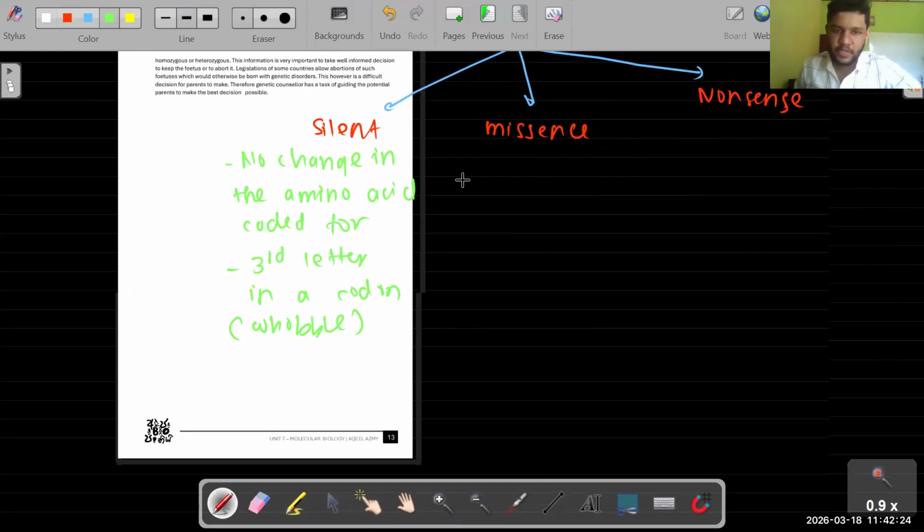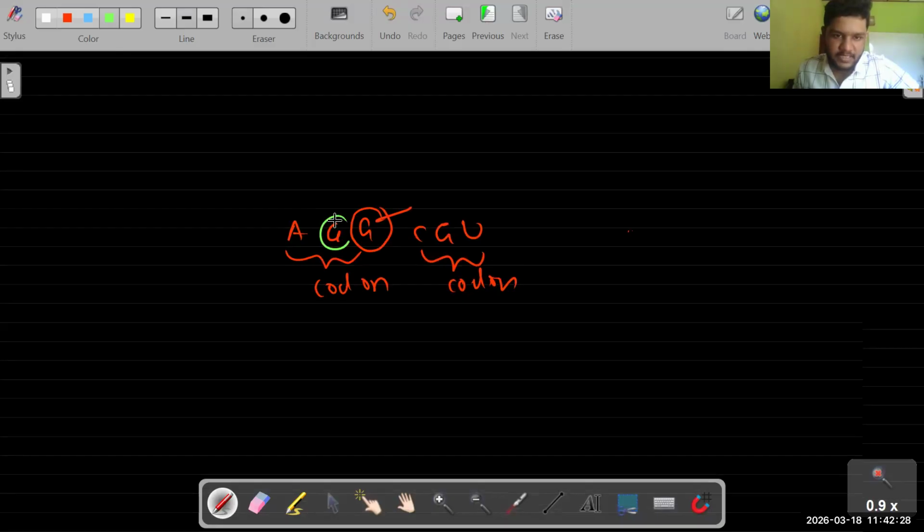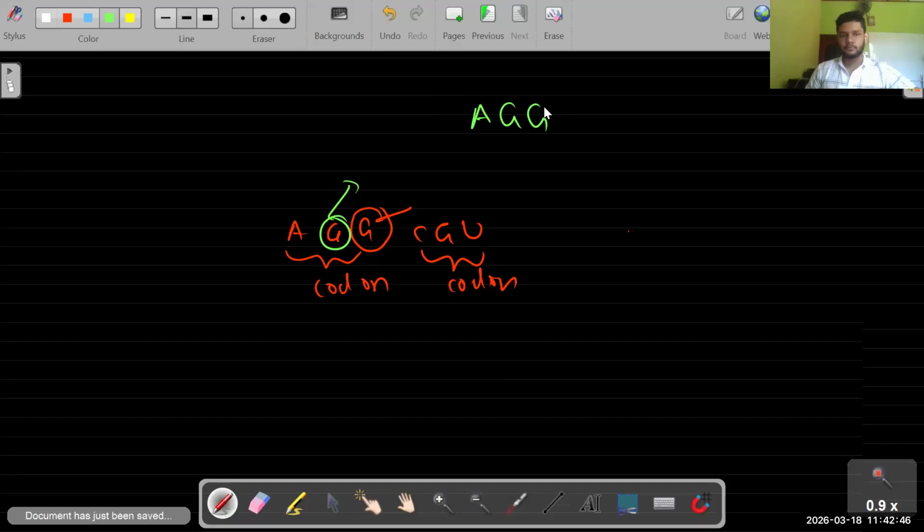Right? Missense mutation. Missense means, normally if you see here, this is the third, right? If I change this, there would be a huge impact. Why? Now you see AGG. Use your codon book and let me know what is the amino acid coded for AGG. Drop a message. What is the amino acid coded?